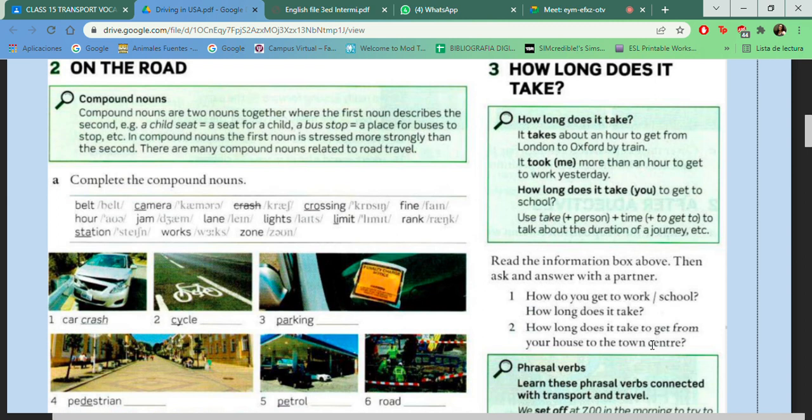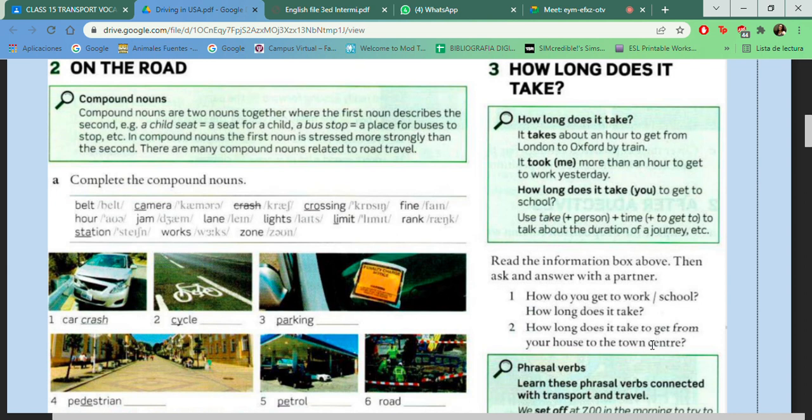How long does it take you to get to school, for example? You can use take plus someone, the person: take you, take it, time. For example, it took me two hours to get to work yesterday.